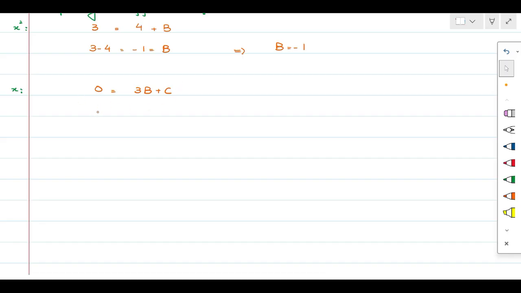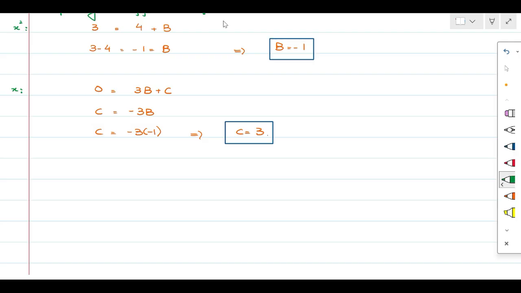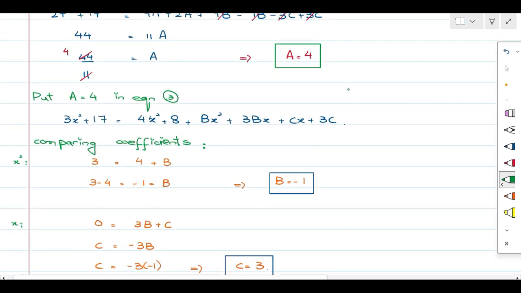So here c should be equals to minus 3 times b, since b is minus 1. C is as it is, just shift the 3b to the other side, negative 3b. C is equals to negative 3 times b, b is minus 1. So here you will get c value equals to positive 3, right? So c is positive 3, b value is negative 1, and the a value is 4.